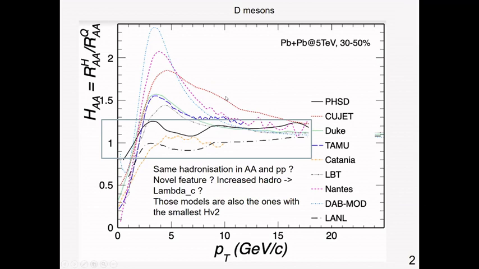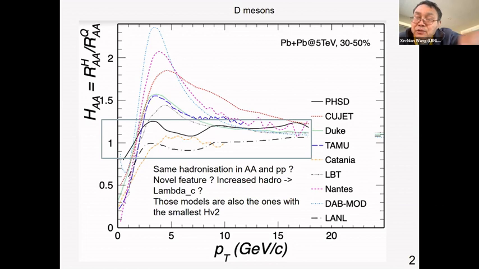With the coalescence, the D quark gains energy through the process. But in general, the total number of charms is conserved, right? So it's shifted to a little bit higher momentum. That's why you see suppression at low momentum and enhancement at high momentum.